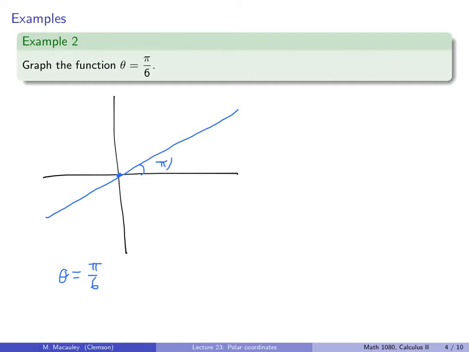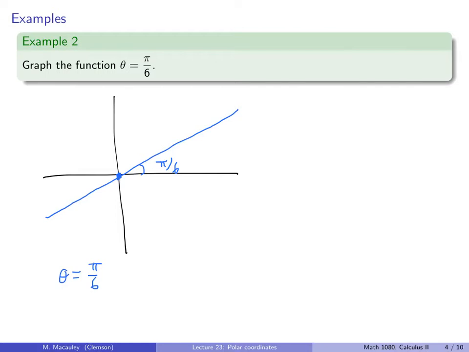And just a technicality, it's questionable whether or not you should actually include the origin in this, because what's the angle of the origin? You could say that any radius would work as long as r equals 0, and there's some merit in that. But it's probably easiest when graphing this function to just include the origin. Otherwise, you have a line with a hole in it.